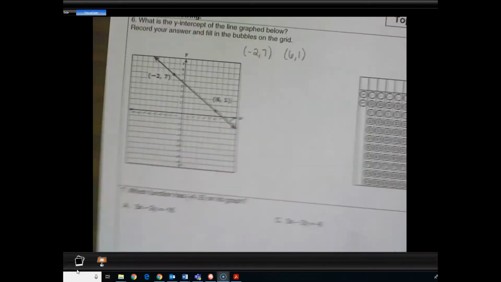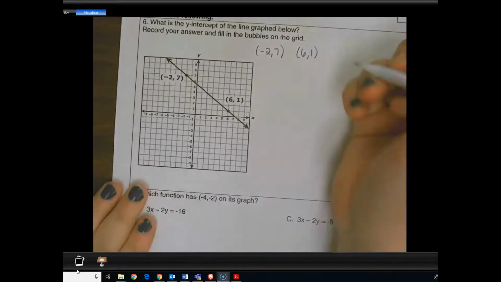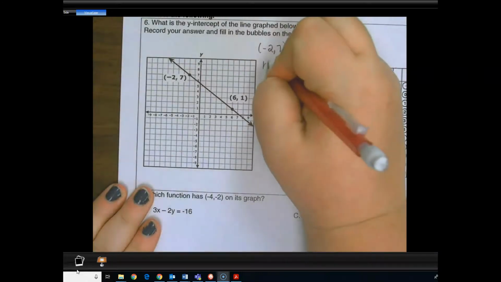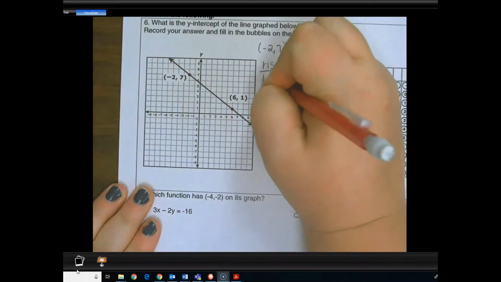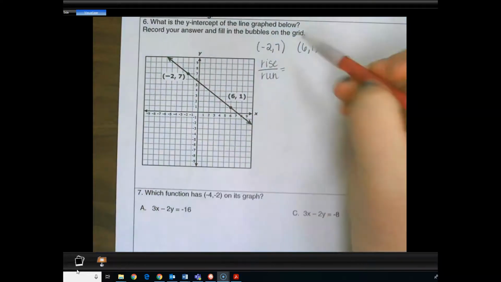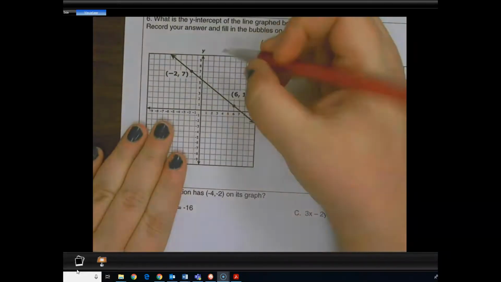Or I could find the change in my x's and the change in my y's, but I think from a graph perspective, the easiest way is rise over run. And since we've looked at the other 2 ways, I'm going to look at rise over run for this one. Now again, if you feel confident every time with y2 minus y1 over x2 minus x1, that's great, and if that's how you feel comfortable, go for it. But I'm going to go ahead and look at rise over run.